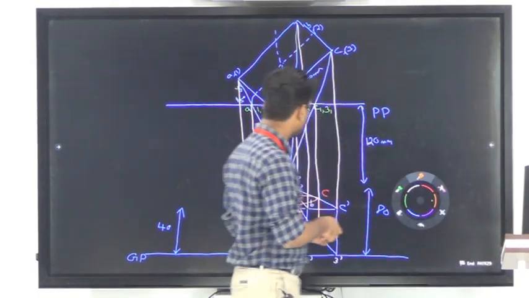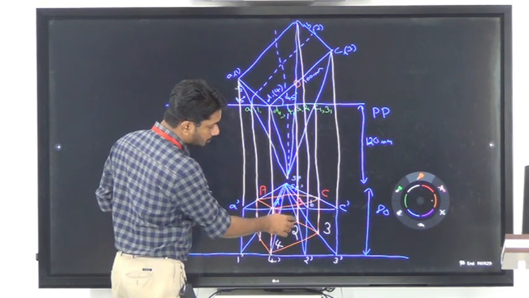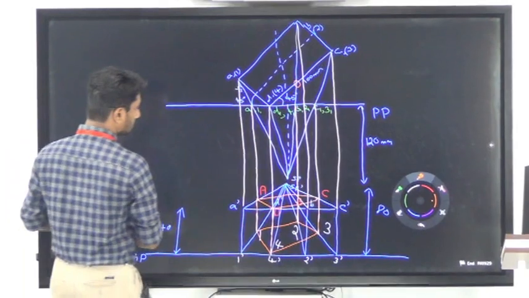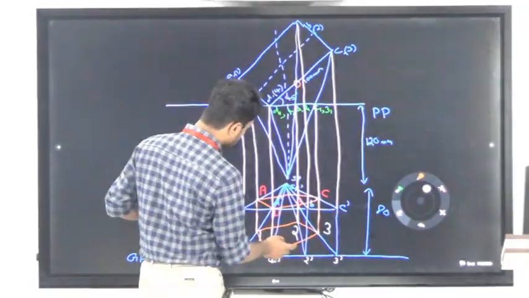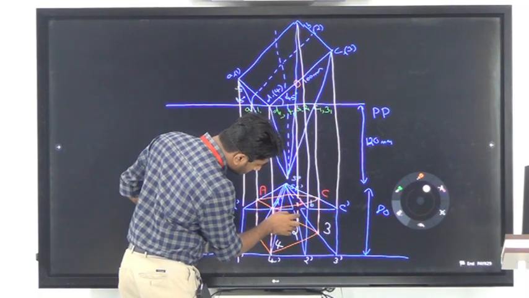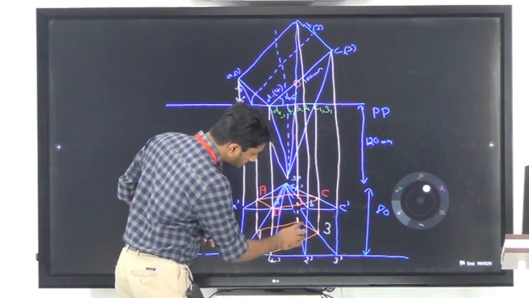So the lines connecting other points with the point 2 will be invisible. So you have to mark those lines as dotted lines.